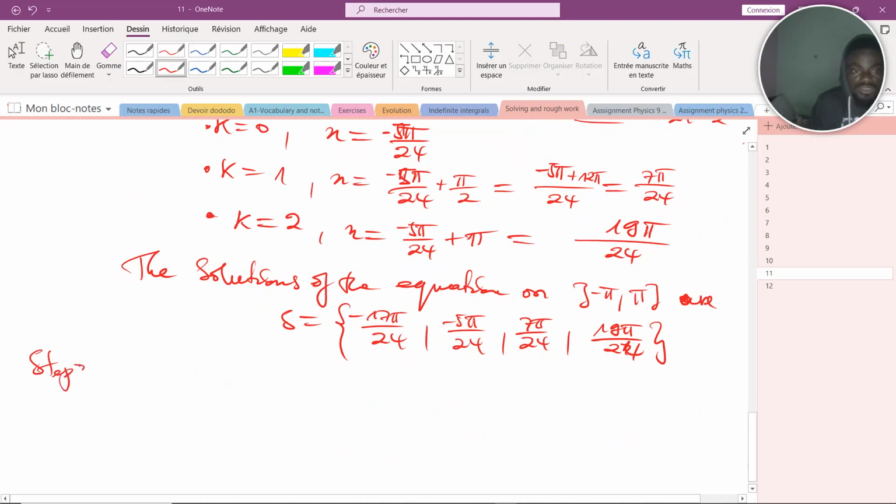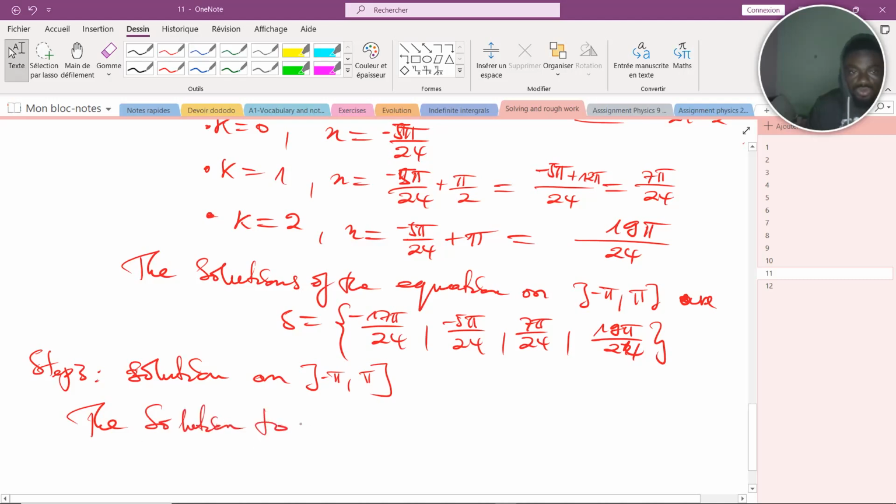So step 3, solution on minus pi to pi. This is simply the conclusion step.